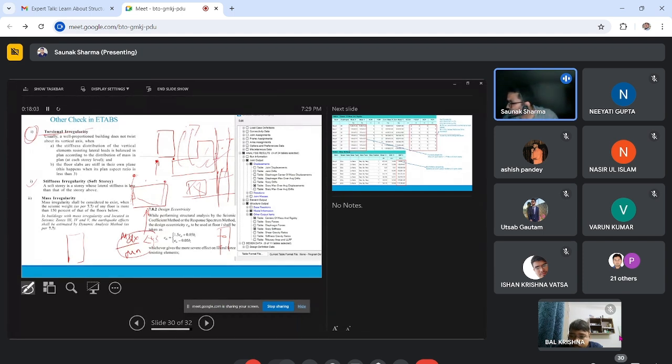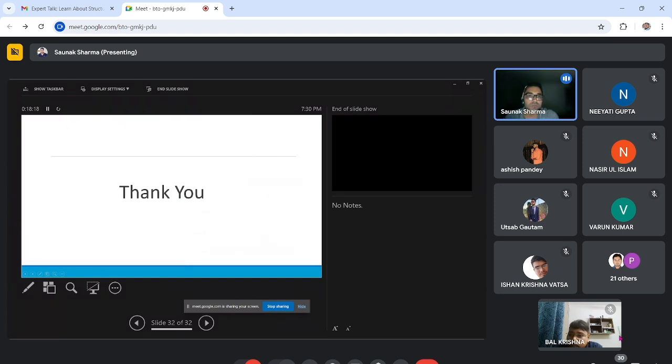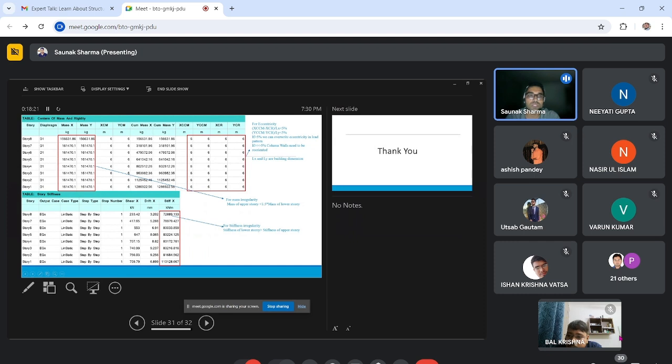Before, I was discussing the 5% accidental eccentricity. Another part we check is the center of mass and rigidity also. Now let's discuss this table. We get this table from ETABS itself, using show table.